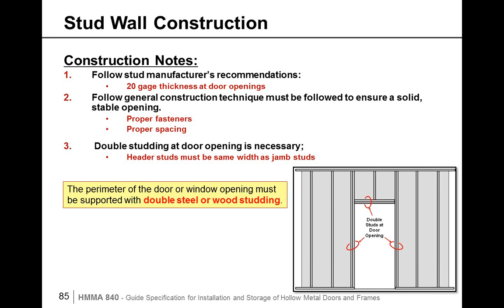The recommendations, which go back to the associations and even USG recommendations, are double studs around the door perimeters. This is very critical for stabilizing the opening and assuring long-term operation.